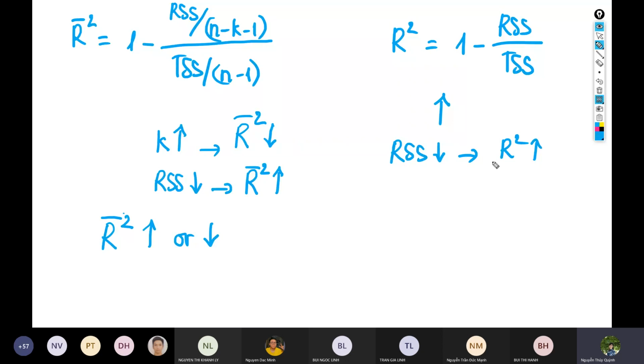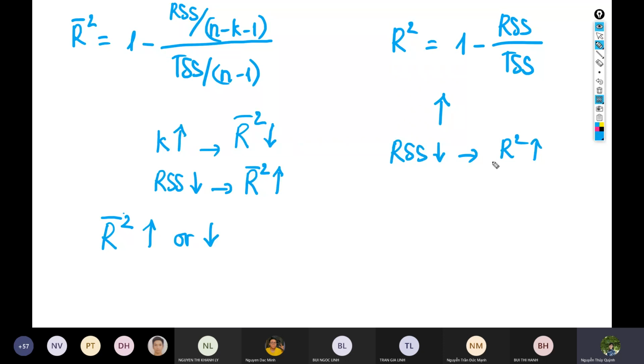We can use the adjusted coefficient of determination to make decisions about whether to add one more independent variable into the model. If adding that variable makes the adjusted R square increase, and the coefficient associated with that new independent variable is statistically significant, then we can add that variable into the model.